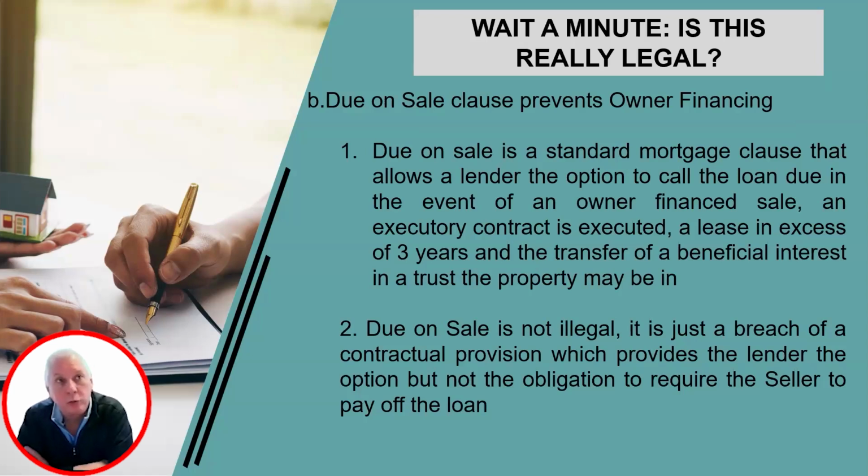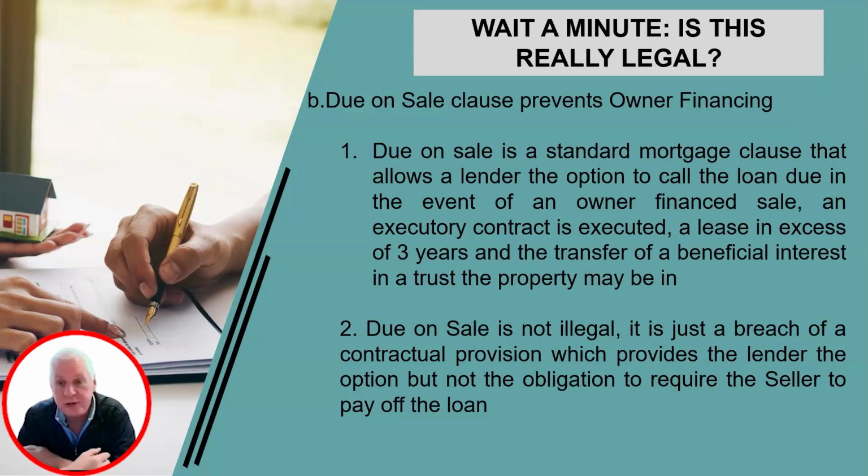Now, due on sale, this is something you have to have a grasp of and be able to explain properly, quickly, and what it is. So guys, due on sale simply means that when you sell a home and there's an existing mortgage, the seller is supposed to pay off their mortgage. Easy.